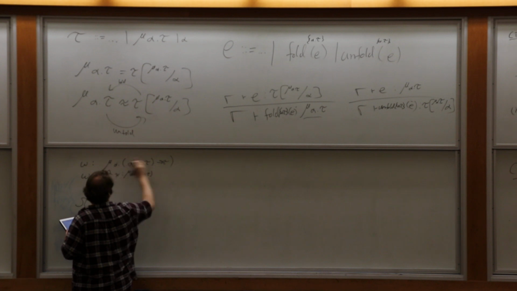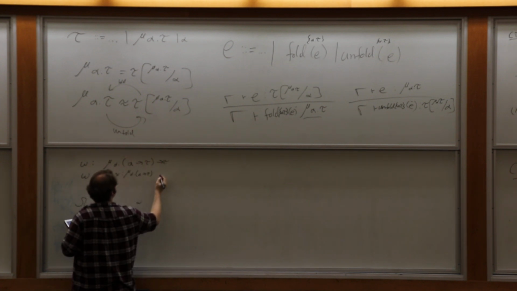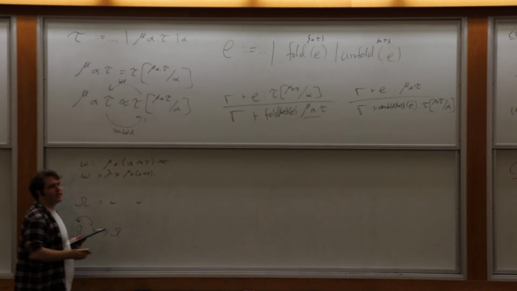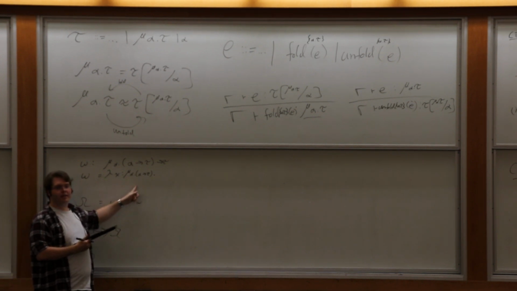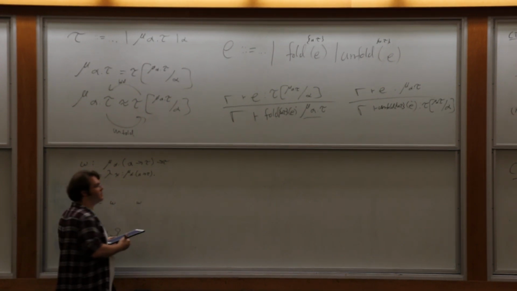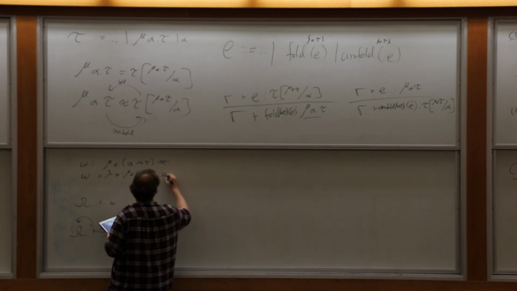Oh, I don't need that parenthesis out there. And then, what can I do? Unfold x, that's now a function taking the type of x as an input and returning tau. So unfold x.